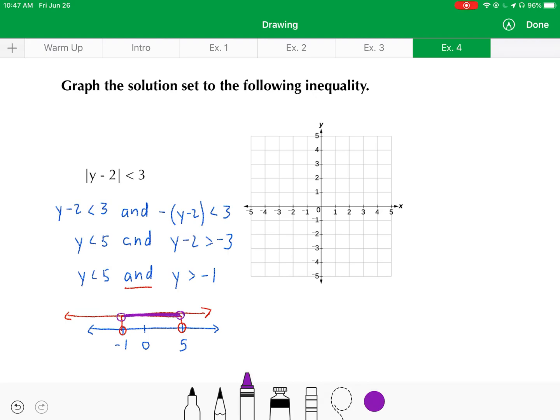Okay. Well, how do I graph this if I want to do it in the coordinate plane, thinking of it in 2 dimensions? Well, the boundary lines would be y equals 5 and y equals negative 1, which are both horizontal lines. So we'll do a horizontal line up here that's dashed.